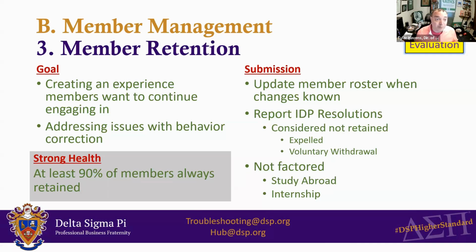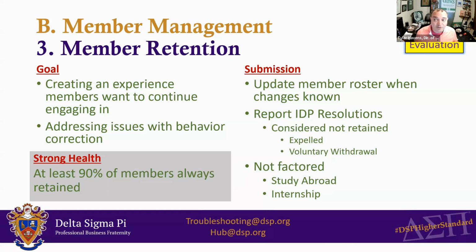Again, this is a big piece to our continued growth strategy, and with our individual discipline policy, we're truly looking at finding ways to work with the students.